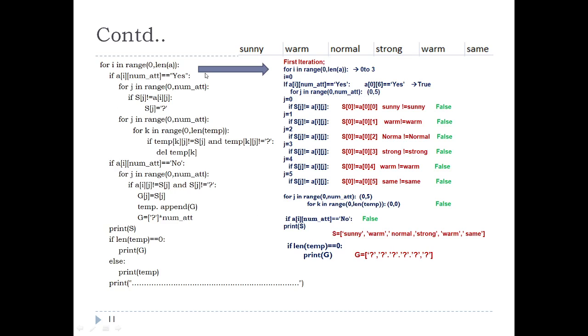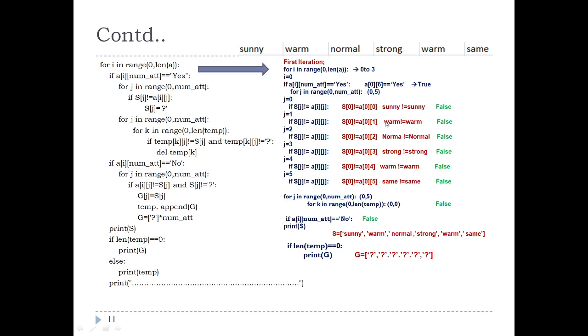So now we'll go to the next line. Here what we have to do is consider the first training example, then check each value with the specific hypothesis. If there is any difference in the value, we have to replace it with a question mark. So here for the first training example and the specific hypothesis, all the values are the same.